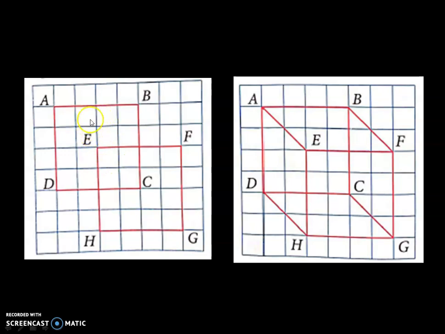You leave two lines this way and this way, row wise and column wise, and from this center midpoint you start again four squares, 1 2 3 4 this side and 1 2 3 4 this side, and make a square, join it, you get another set of squares. You name it E F G H, and finally joining A with E and B with F, D with H and C with G, you get a cube.